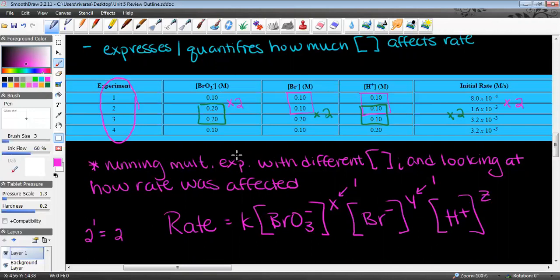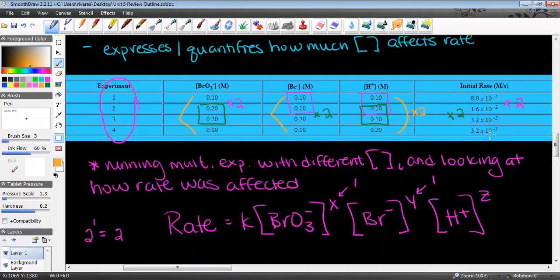And then our last one, what are we going to have to compare here? Okay, experiment 1 to experiment 4. See how that stays the same? And that stays the same. And what are we doing to the hydrogen? We're doing the hydrogen times 2. What happens to the rate?